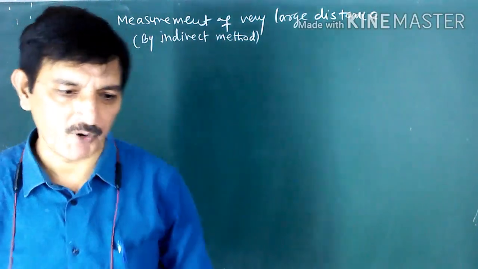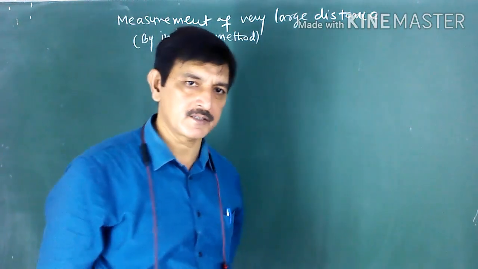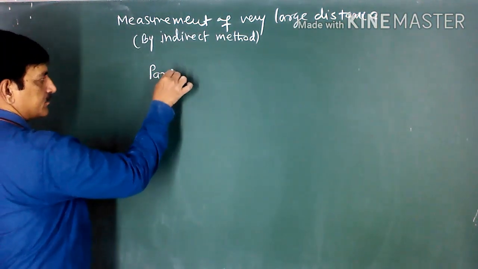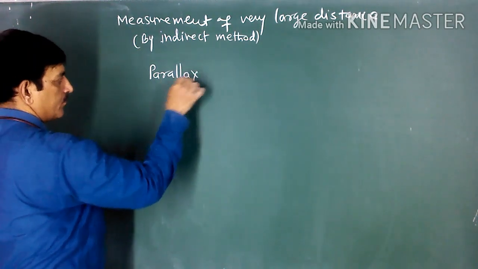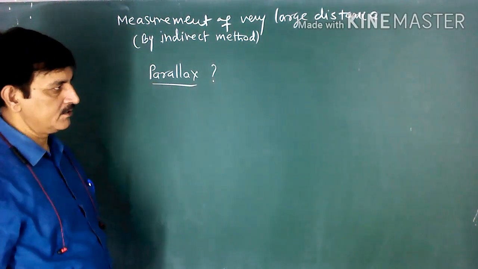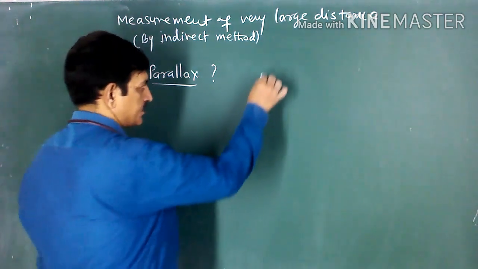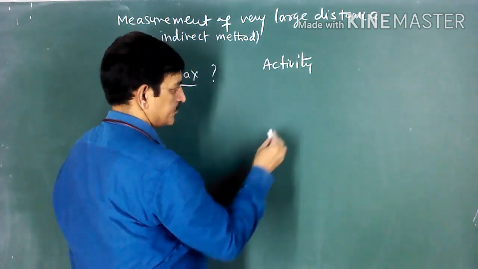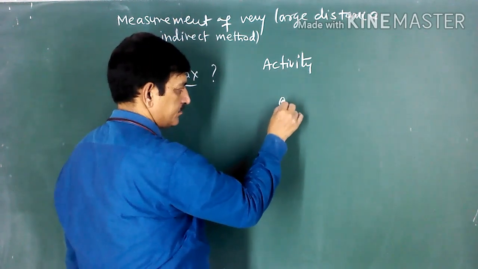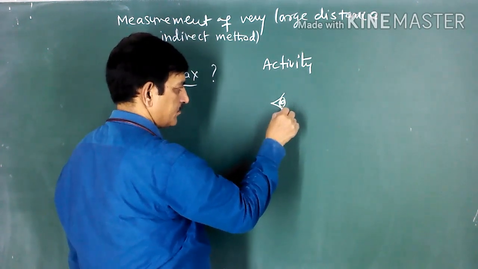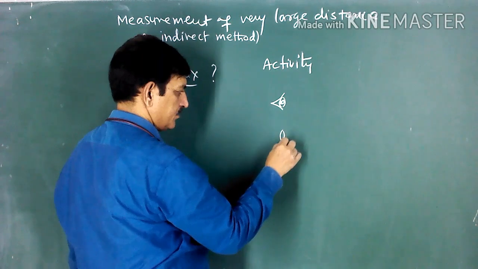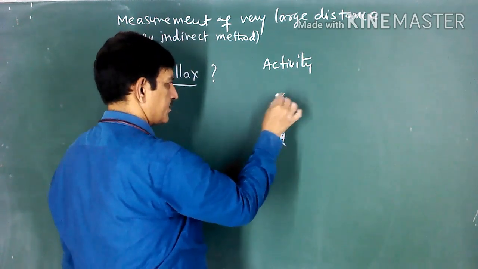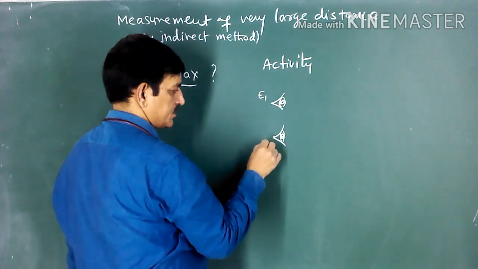First of all, here we want to explain what is parallax. There is a term called parallax. So what is parallax? Just see the activity first. Suppose this is your eye I1, and this is your other eye I2.